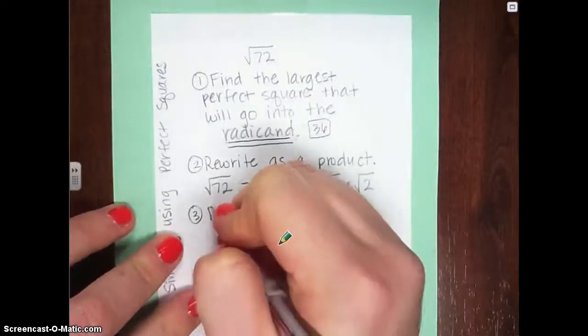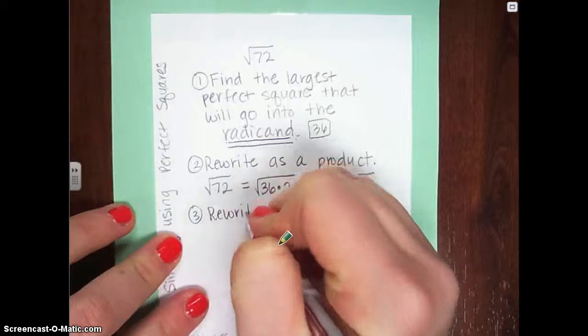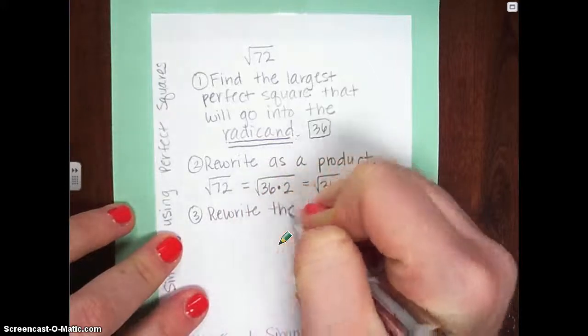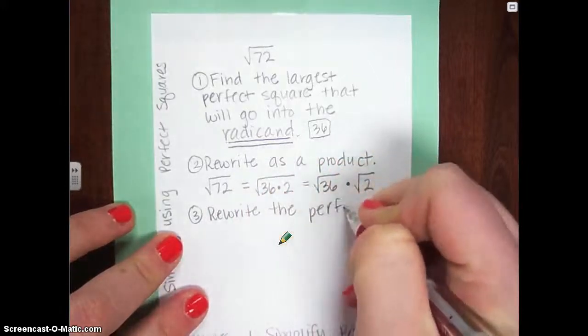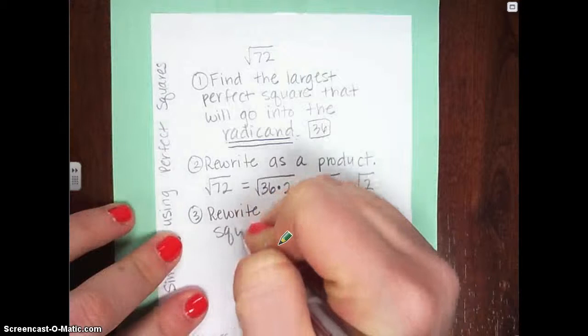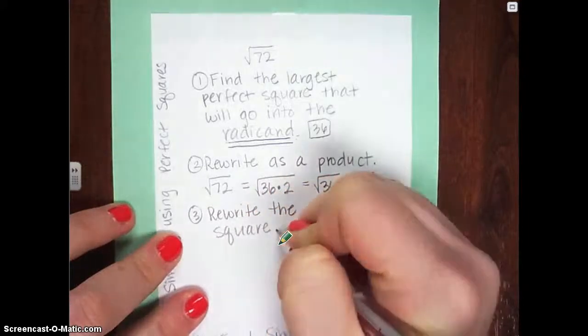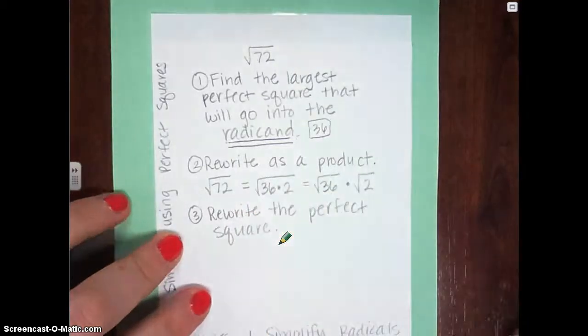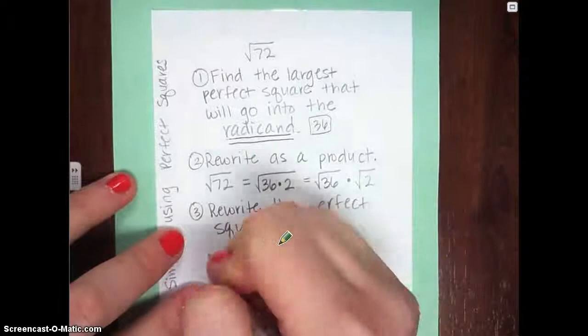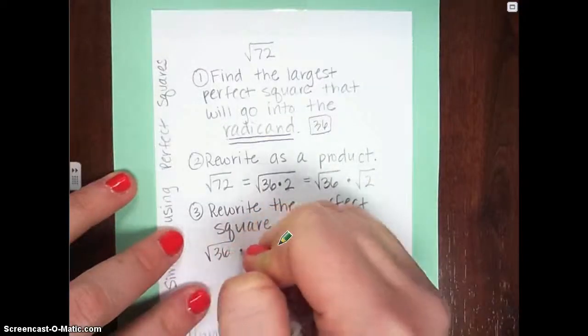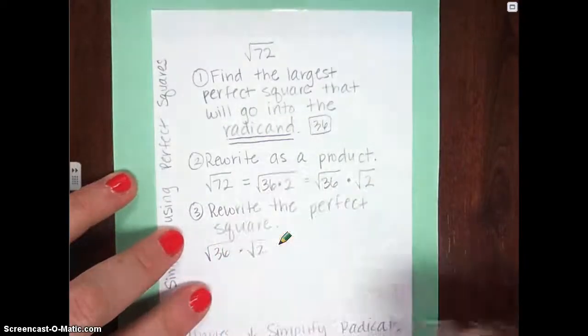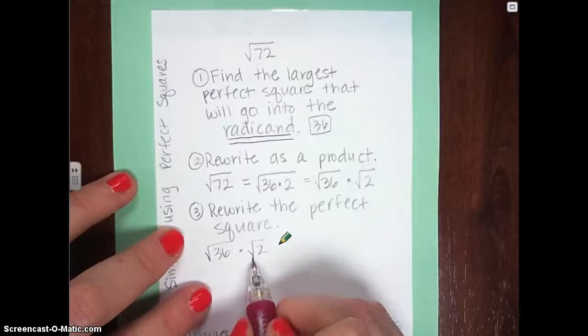The third step, rewrite the perfect square. Okay, so rewrite the perfect square. So I'm going to rewrite what I have on step 2. Square root of 36 times square root of 2.